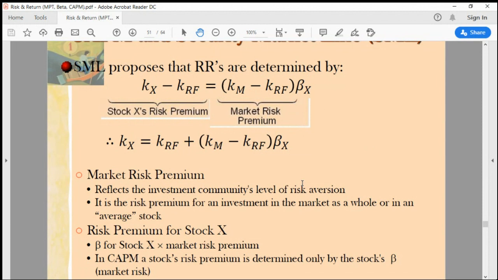So isn't it only rational that Apple's risk premium should be 3 times the market's risk premium? Because Apple is 3 times more volatile, there will have to be 3 times the compensation for that stock.